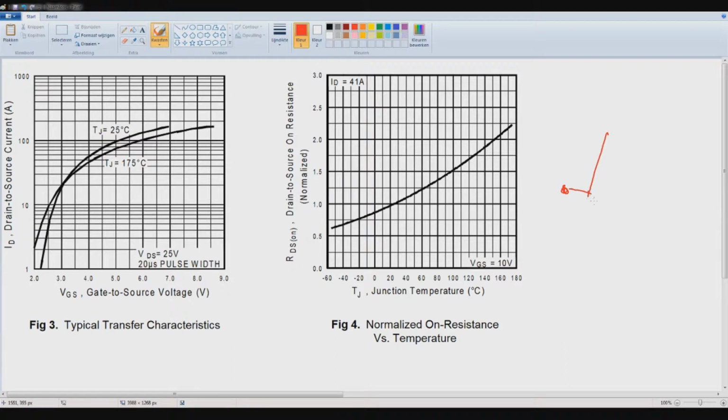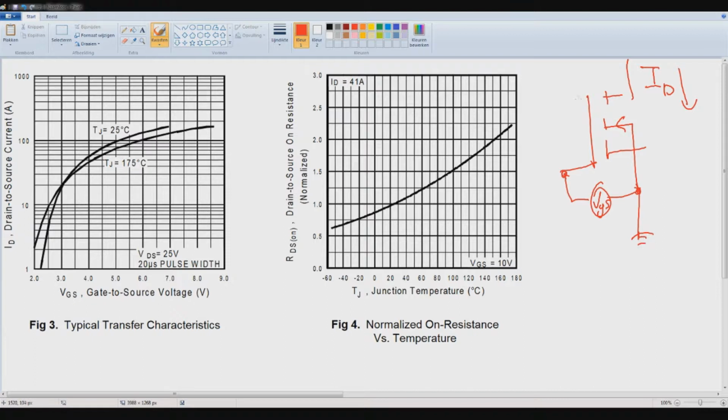If I draw the symbol again, we are looking again at drain current, and at this point what we see here is VDS is 25 volts.